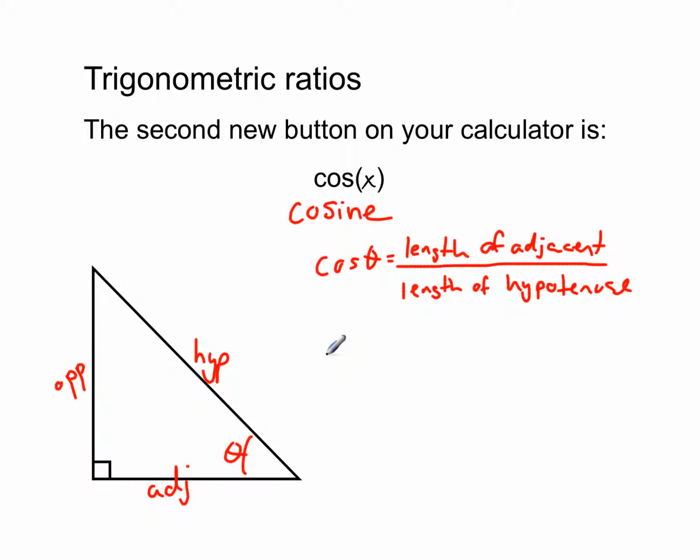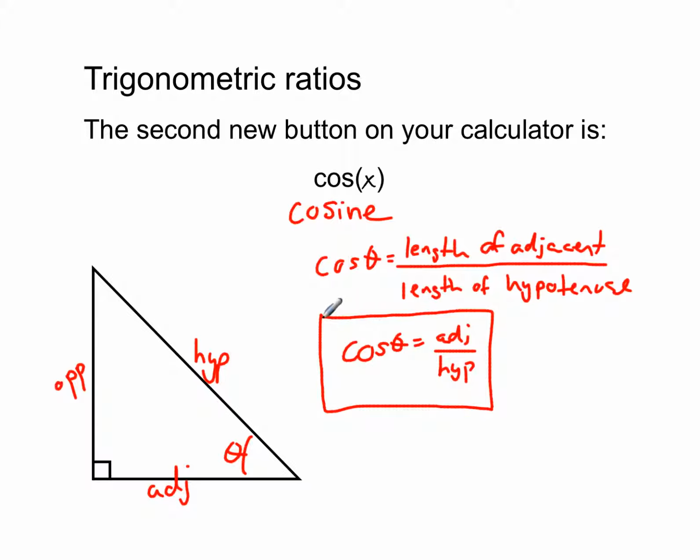So in short, and this is how we'll write it when we solve problems, the cosine of theta is equal to adjacent over hypotenuse. Just remembering that these mean the length of adjacent and the length of the hypotenuse. These are just numbers. So this is our second of 3 for today, trigonometric ratios.